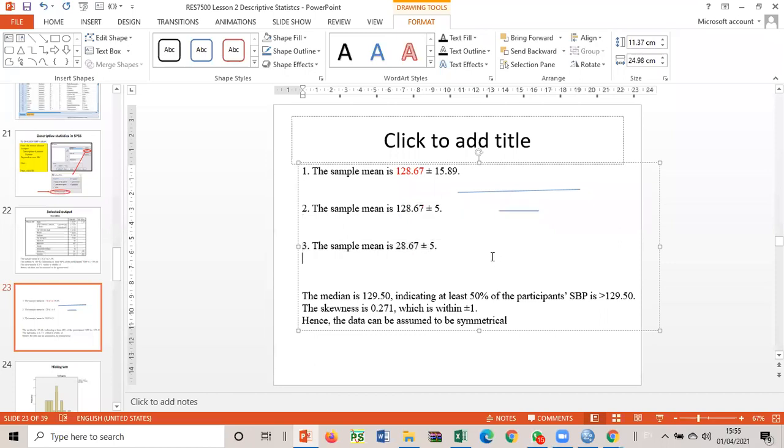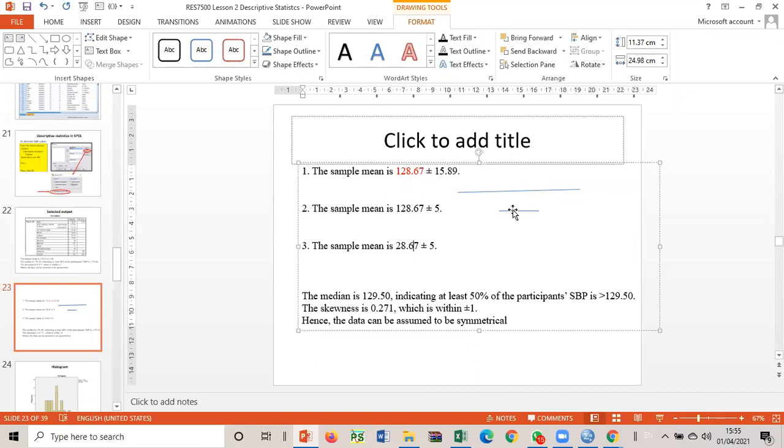They're all the same sample size. What's the mean here? 28. What is the standard deviation? 5. Both have the same standard deviation, 5. So what's the difference between 2 and 3? The centers differ.